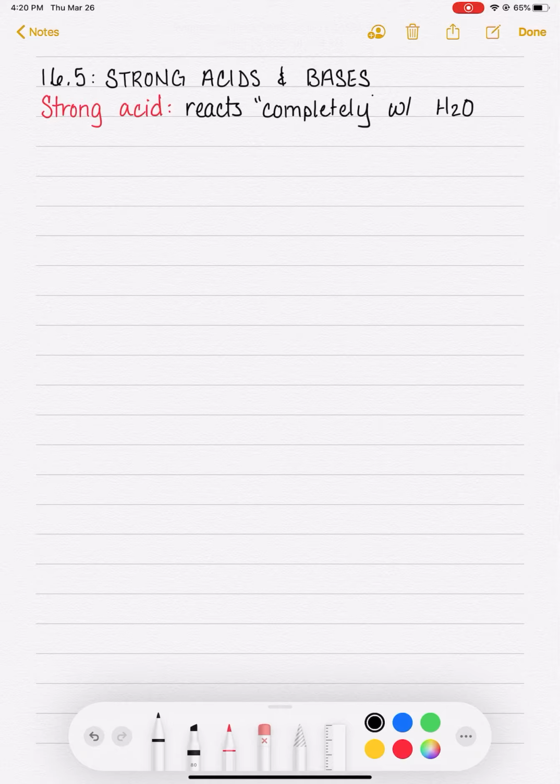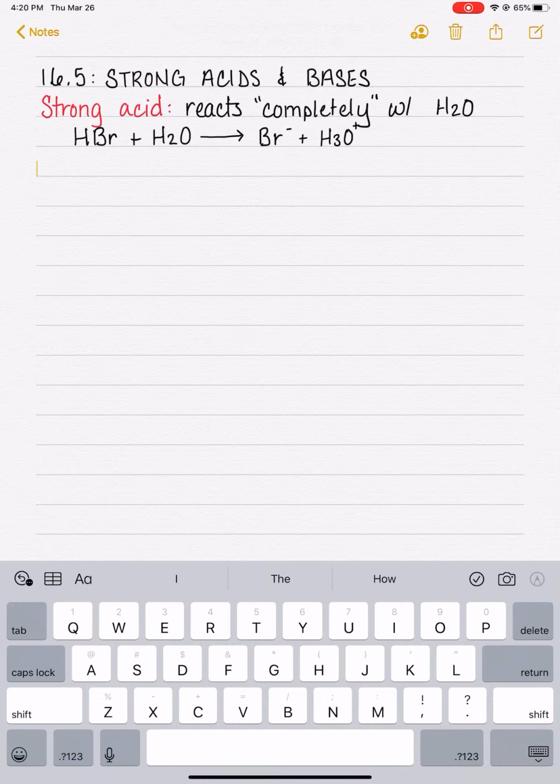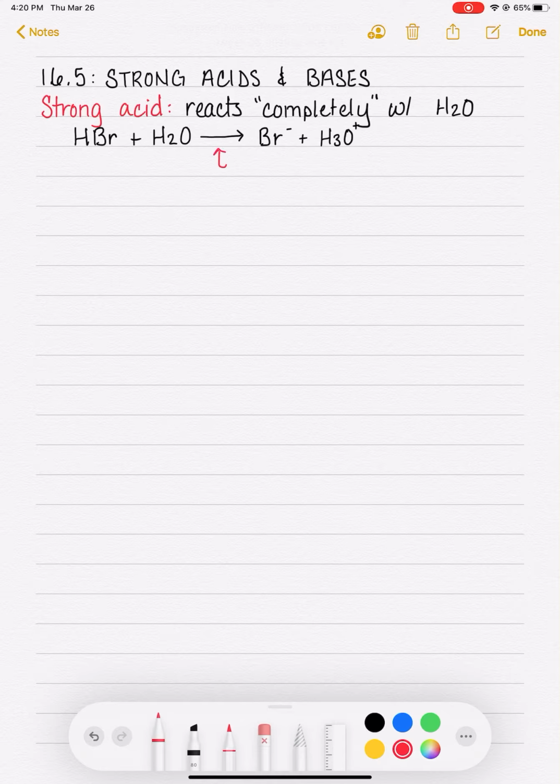Reacts completely. For example, HBr, which is one of our strong acids, when you mix it with water, they undergo a total reaction, a complete reaction. The products are Br minus and H3O plus, and this reaction is not in equilibrium.